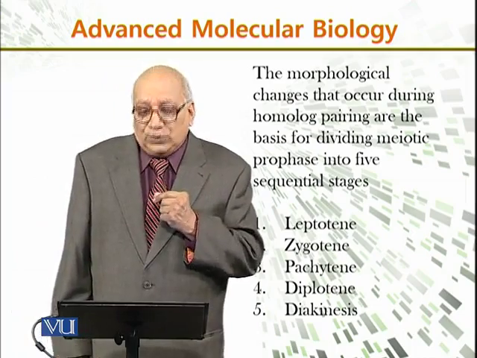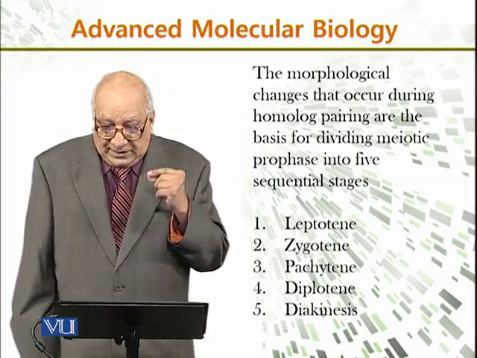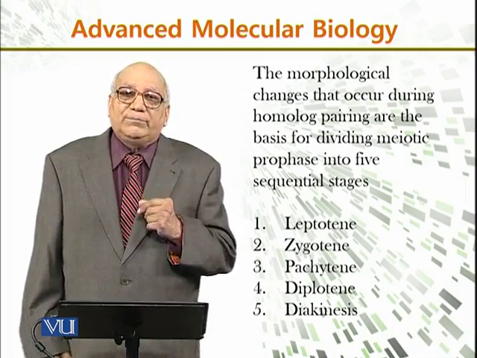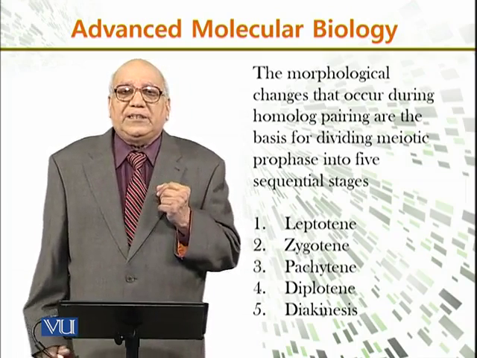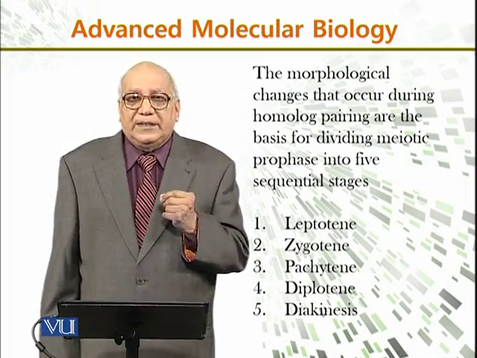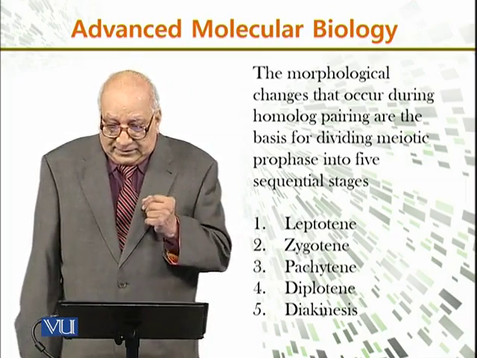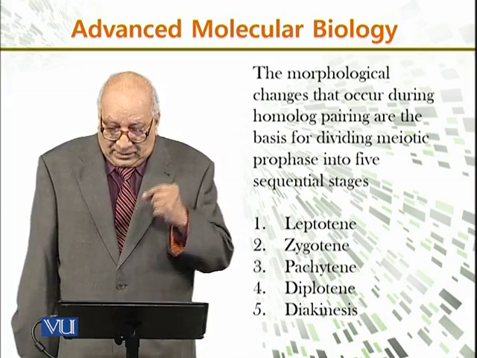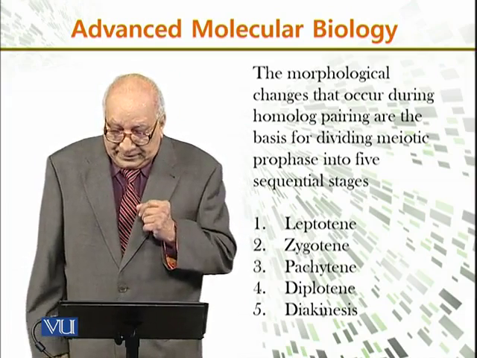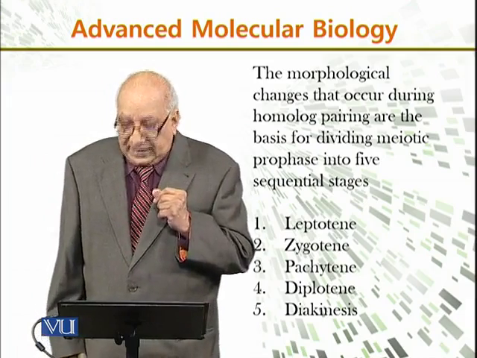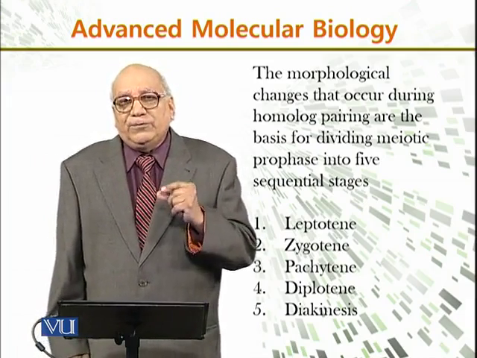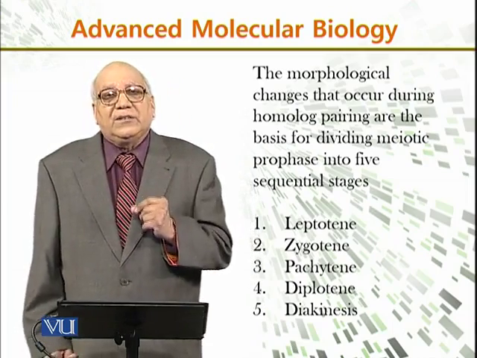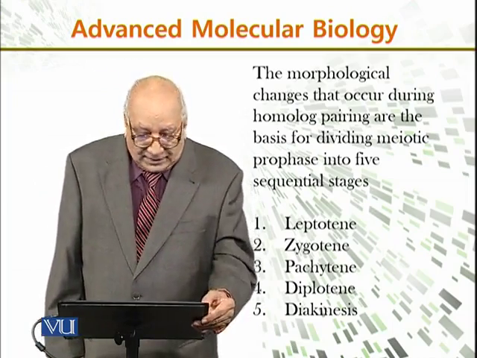There are 5 sequential stages in which this occurs. The first is leptotene, zygotene, pachytene, diplotene, and diakinesis. And we will study all these 5 sequential stages one by one.